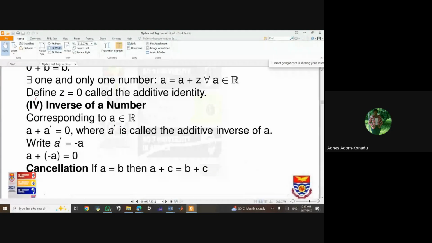Then we have what we call the inverse. We are talking about addition.